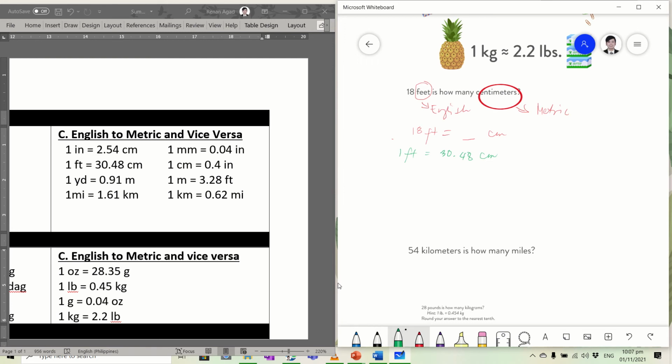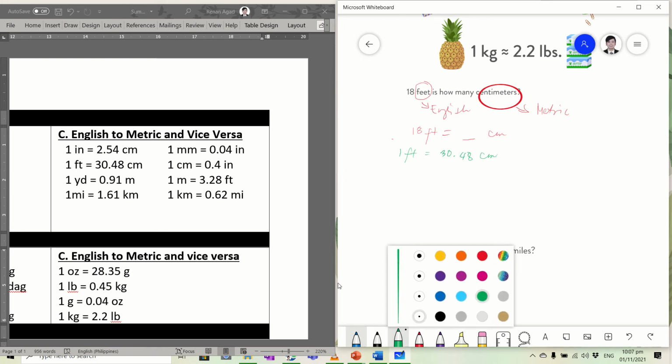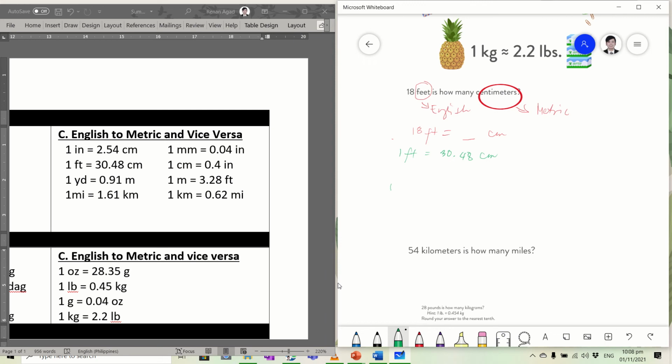So we copy the 18 feet first, and then we multiply by our conversion factor. Feet is in the denominator, so that's 1 foot, by the way, over 30.48 cm. We cancel out the feet.